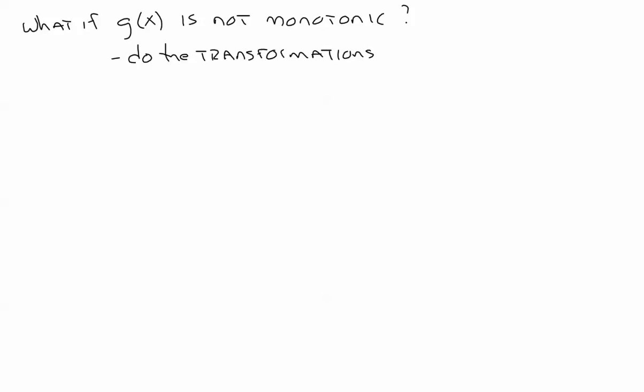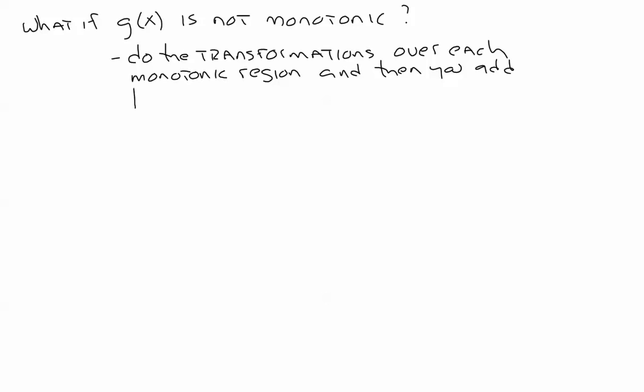You do a transformation over each positive going region and each negative going region, and then you add the results. That's basically it. All right?